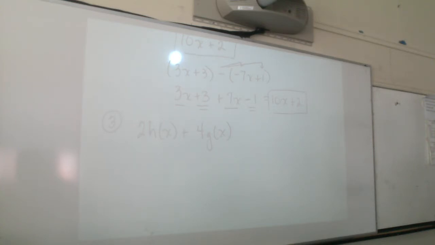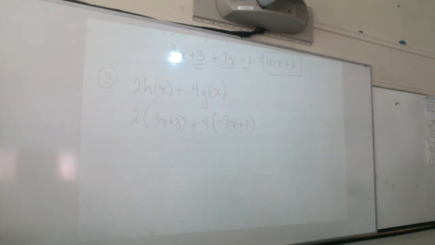So I'm going to put parentheses here to show multiplication, and I'm going to write the h of x function, which is 3x plus 3. I'm always going back to the original 3 functions. That's what I'm referring to for all of these problems. And then plus 4 times g of x, which is negative 7x plus 1.